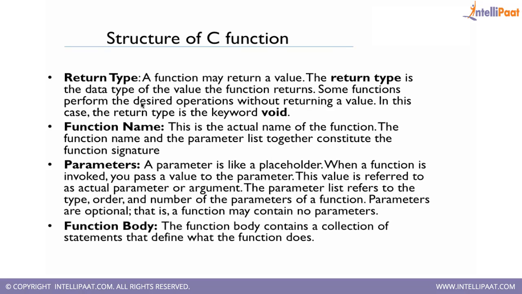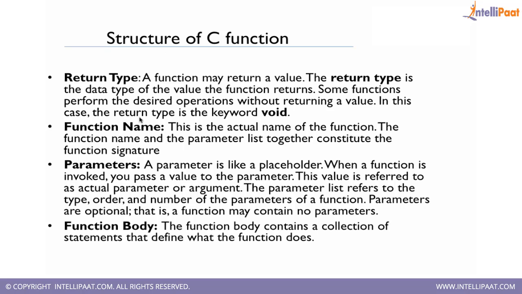Some functions perform the desired operation without returning a value. In this case, the function should return void type. So it's not always necessary that a function should return something. There could be some logic where you just perform some task and don't expect anything returned from the function. In that case, the function will have a void return type.